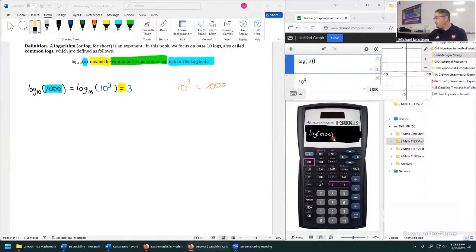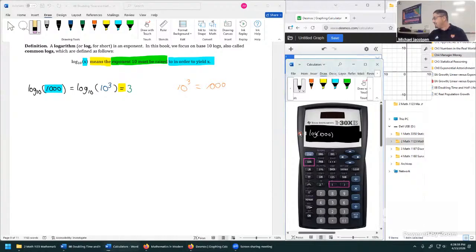Thanks for spotting that weird error there. Other questions at the moment? Okay, so throw this into the calculator, log 1,000, close the parentheses, actually put in the input 1,000 there, and you'll get the exponent 3.